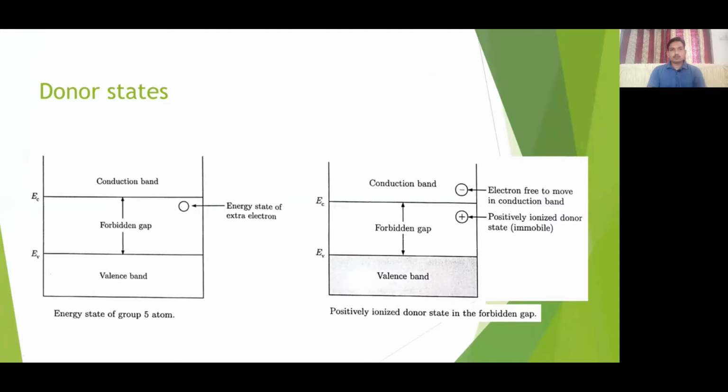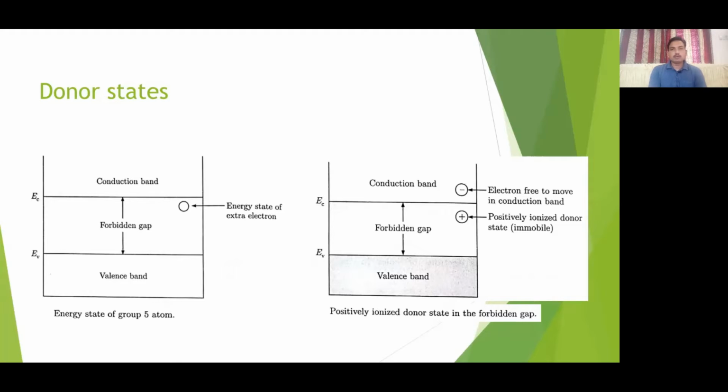So to understand the concept of donor states or donor energy levels, we have to remember the concept of extrinsic semiconductor, which are formed by adding impurity atom to the pure form of the semiconductor.